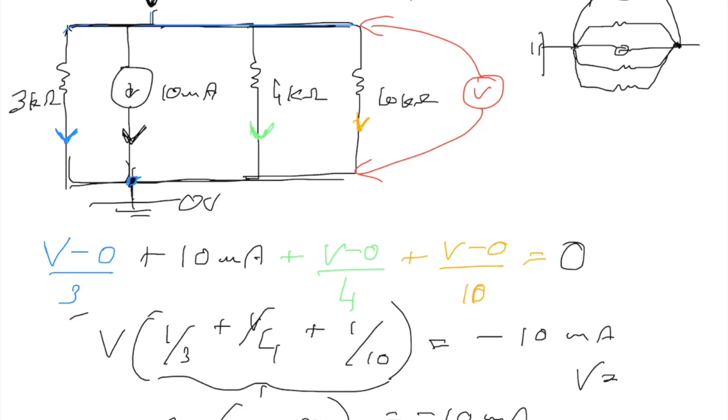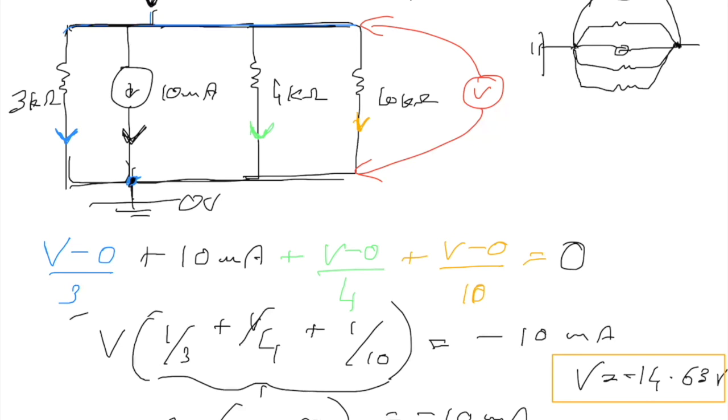Which would be minus 14.63 volts. So that is your final answer. If you hooked up a voltmeter and measured the voltage, you would get minus 14.63 volts.